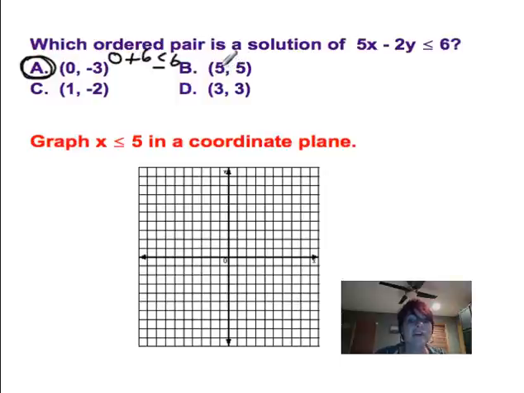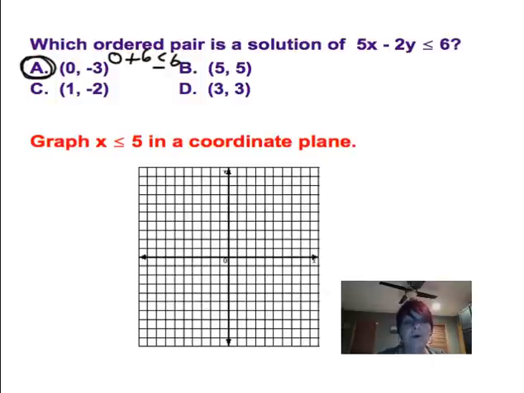Okay? If I tried B, 5 times 5 is 25, minus 2 times 5 is 10, 25 minus 10 is 15, and 15 is not less than or equal to 6. What about the point (1, -2)? 5 times 1 is 5. -2 times -2 is positive 4. 5 plus 4 is 9. 9 is also not less than or equal to 6.